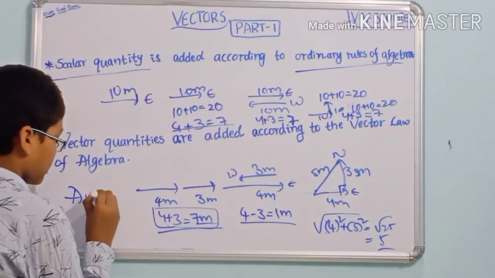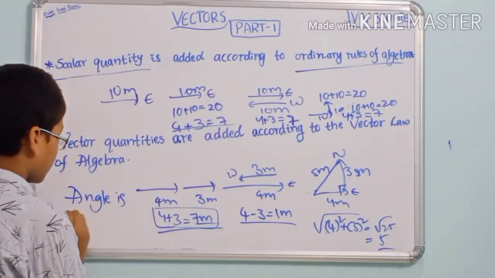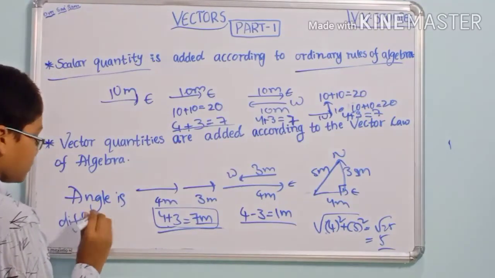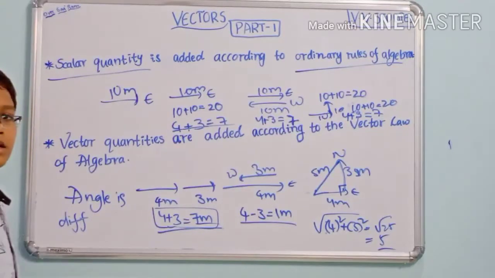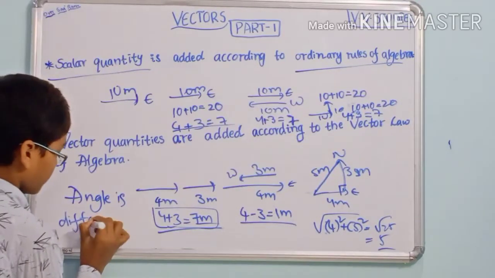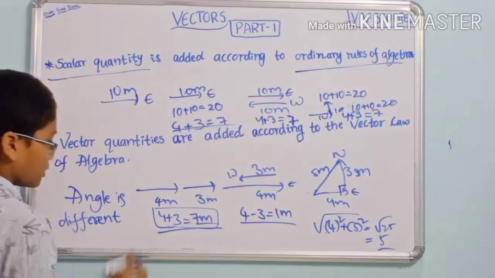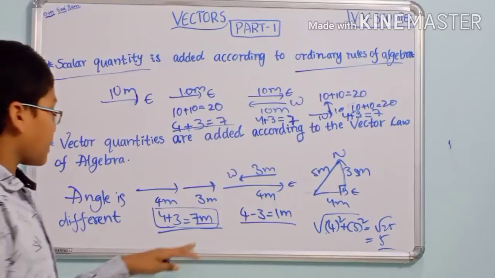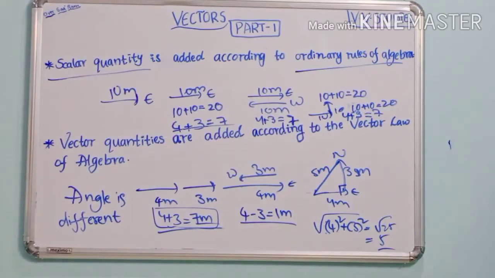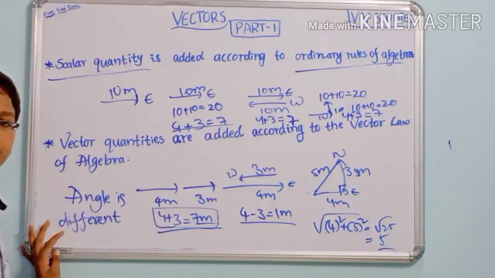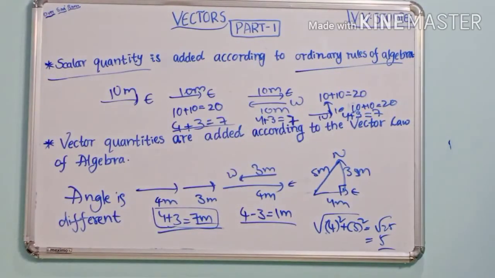Due to the angle. It is depending on direction. So when we change the direction, the angle also changes, so the magnitude also changes. Understood?